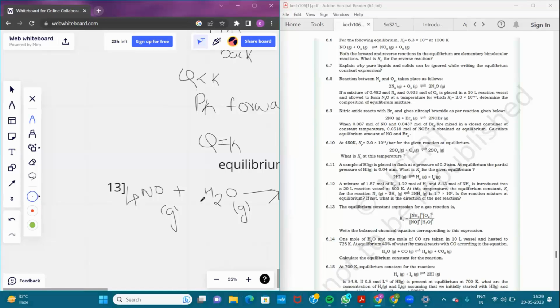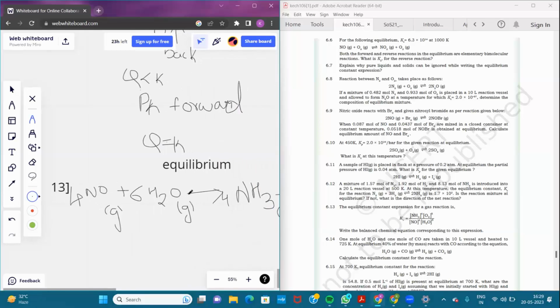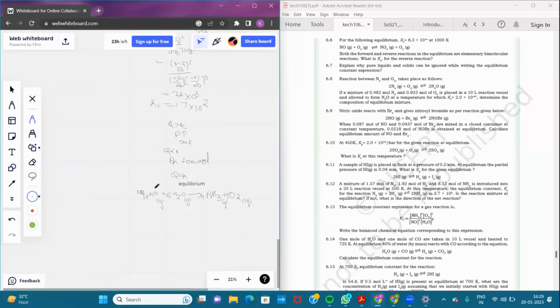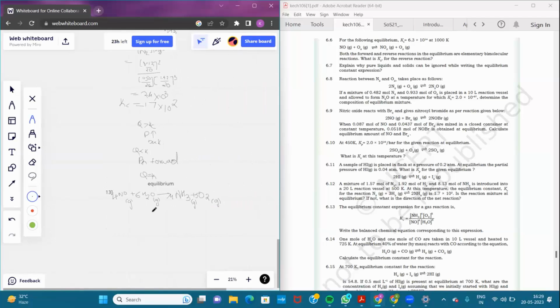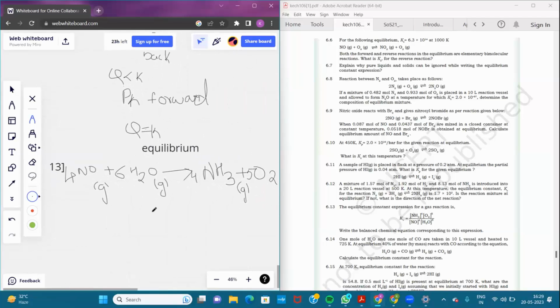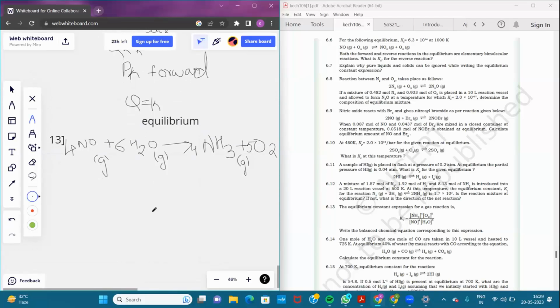And for H2O, it would be 6. You need to carefully consider the case for H2O. If it's vapor, then it will appear in the equilibrium constant expression, or else it won't appear in the expression. Next, we'll go on with the 14th question.